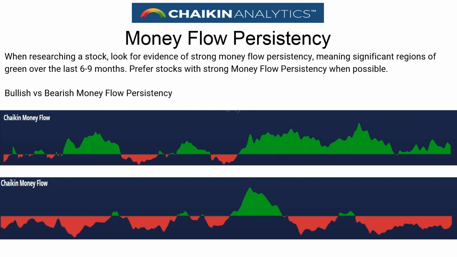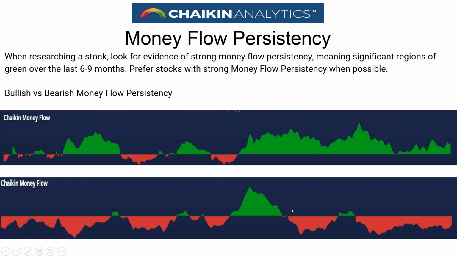And the flip side of that is bearish money flow persistency, right? And here's a great example. These are actual stocks, but I'm using them just for illustrative purposes here. This is an example of a stock that's just kind of been under distribution, right? If we look back over the past year, significant amounts of red money flow, or time spent below the zero line, and only intermittent amounts of green money flow.